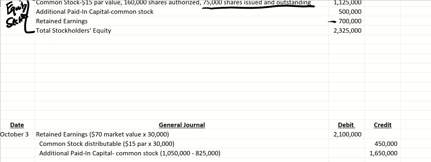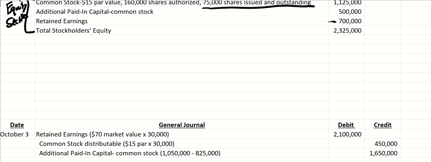So retained earnings is an equity account, and contributed capital is another equity account. You're pretty much just transferring some of what's in the retained earnings account into a common stock account. That's exactly what we're doing here.